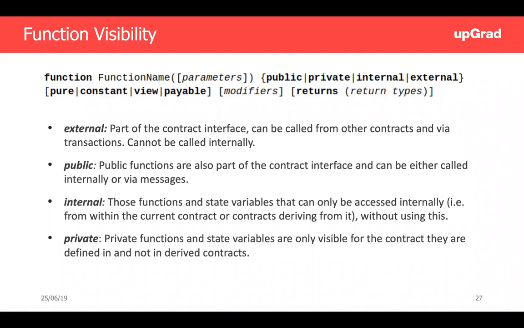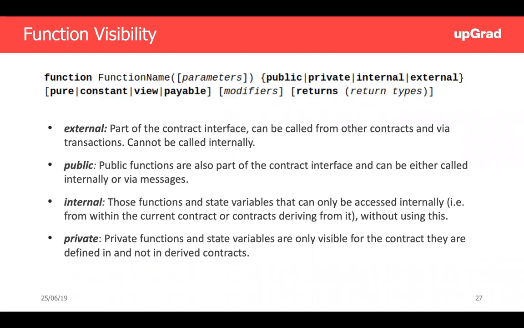Private functions are just like internal functions. The only difference is private functions are specific to that particular smart contract. So even derived contracts cannot access private functions. An important thing to note is the terms internal and private can sometimes be confusing. When I say a private function, it doesn't mean that the function cannot be viewed by somebody when you're looking at a blockchain from outside.